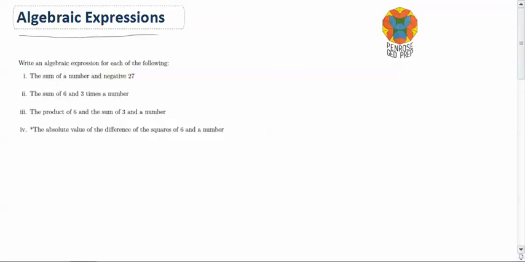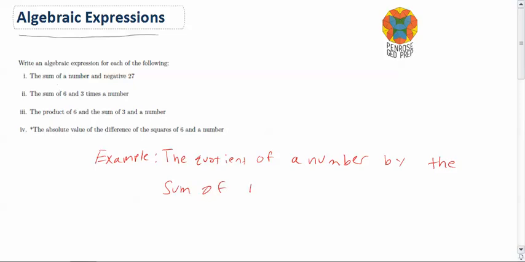And here we are at the top of the video. So let's do an example. And our example is going to be the quotient. So we need to write an algebraic expression for the quotient of a number by the sum of that number and 17.